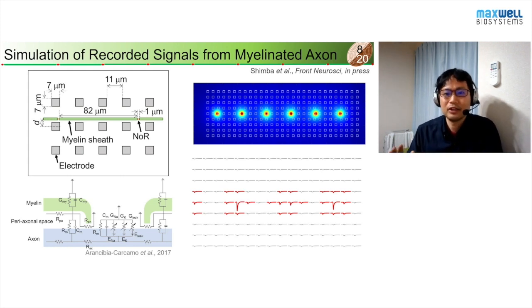The upper right image shows the calculated extracellular potential and the position of the electrode. And the bottom right shows the signal measured at each electrode. Large signals are detected at the electrodes close to the node of Ranvier, while the signals at the other electrodes are very small.